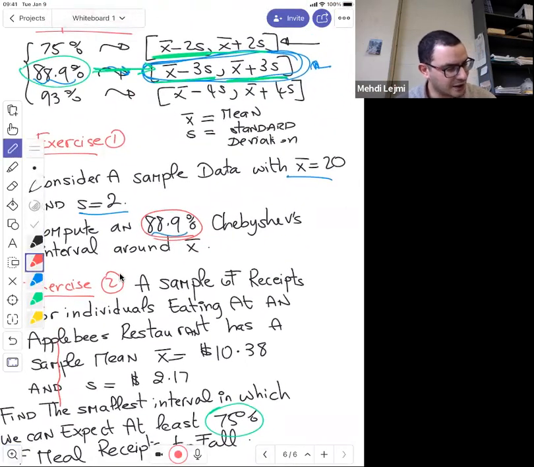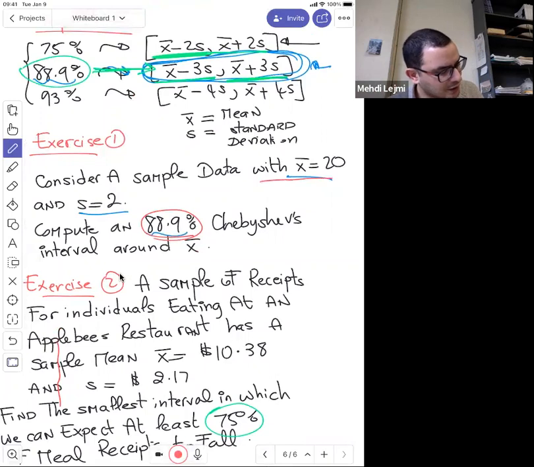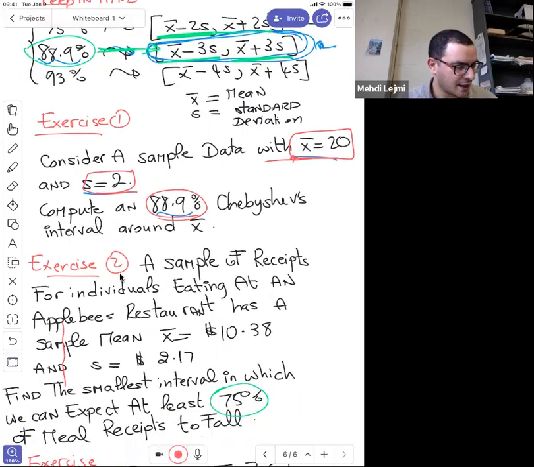In exercise 1, it says consider sample data with x bar equal to 20. So you know that the mean is 20 and s is 2.